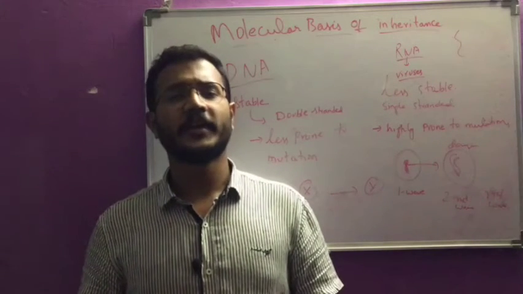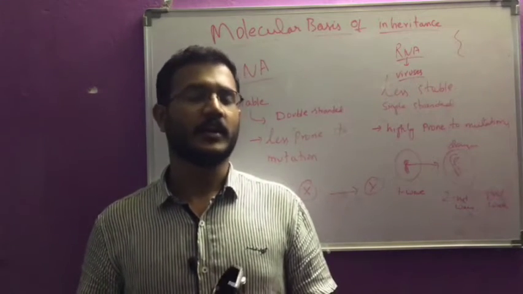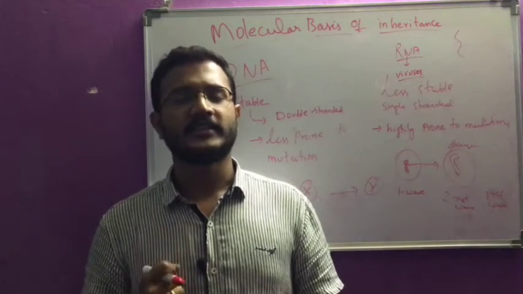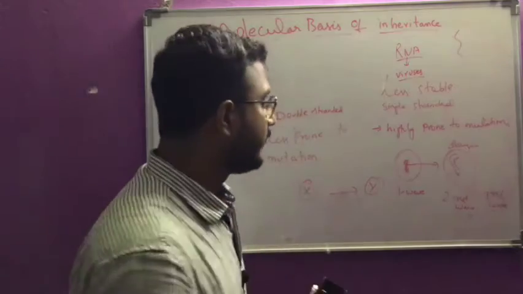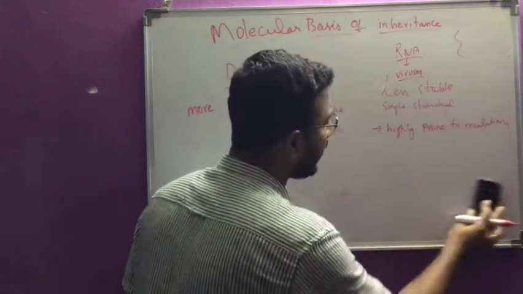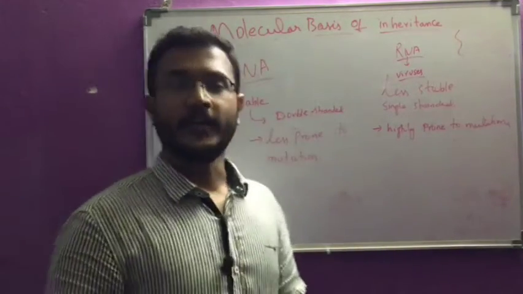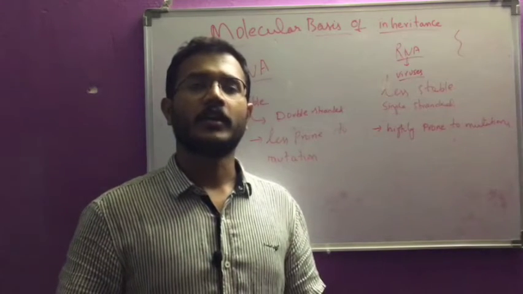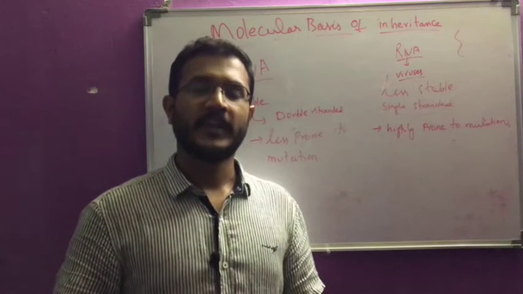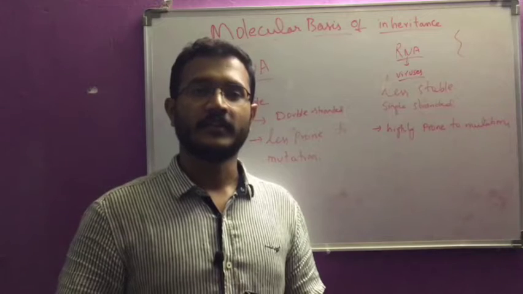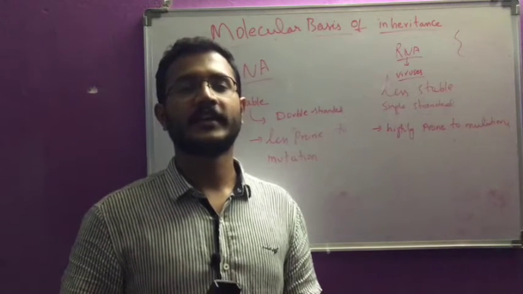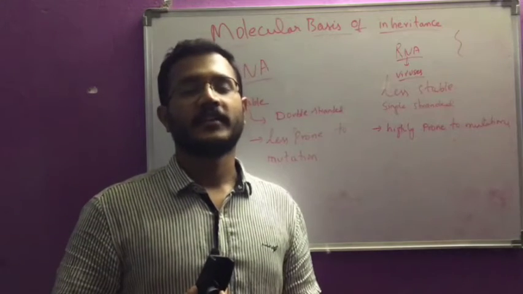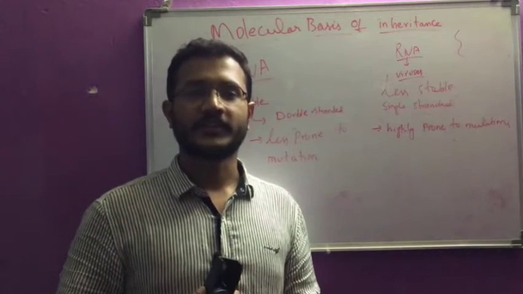So the effect will be more if the pathogen contains RNA as a genetic material. That's why nature did not select RNA as the genetic material of all organisms. The natural selection theory was given by Charles Darwin: nature will select only what is fit, survival of the fittest.